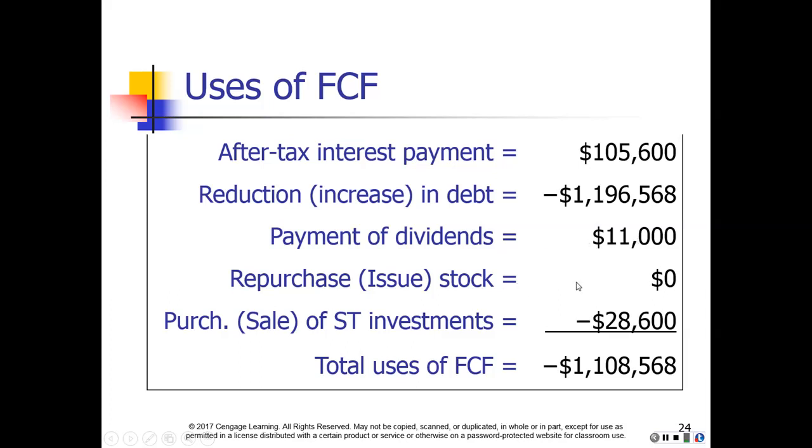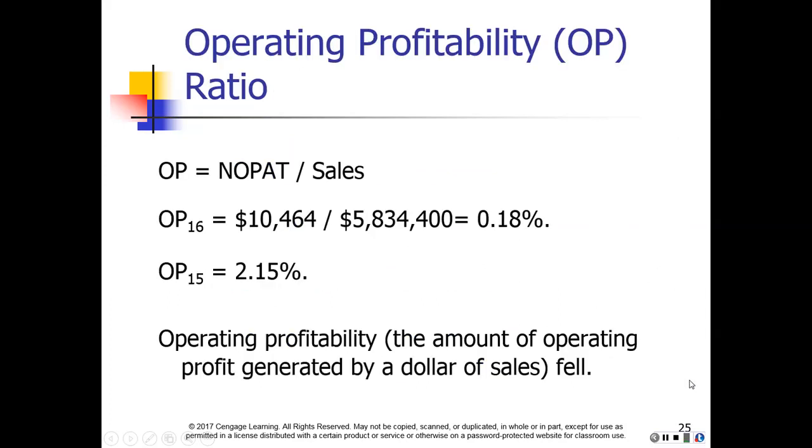There was no new stock issued, so there's nothing there. And then there was a sale of short-term investments to raise cash. We're calculating uses of cash right now, so the sale of investments and the increase in debt actually generated cash. That's why those are negative numbers. So total uses of free cash flow for this year is negative 1.108 million.